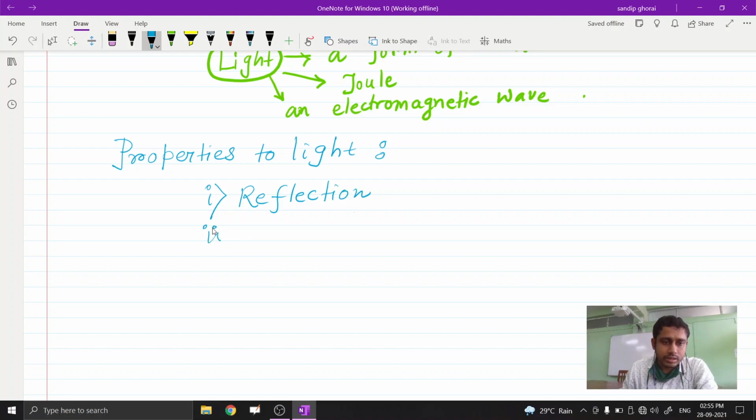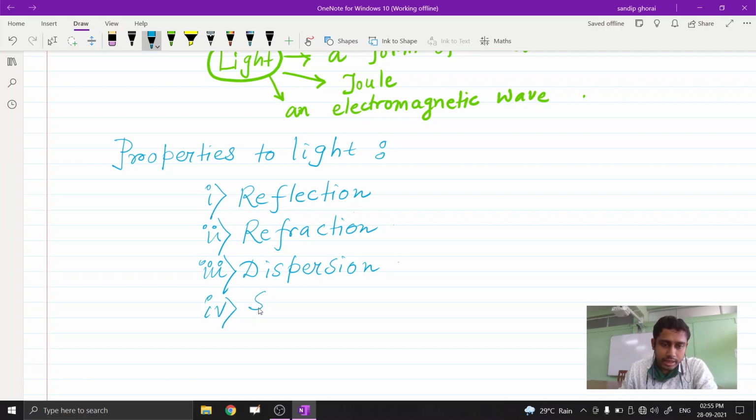Second one is diffraction of light. Third one is dispersion of light. And fourth one is scattering of light, and so on.